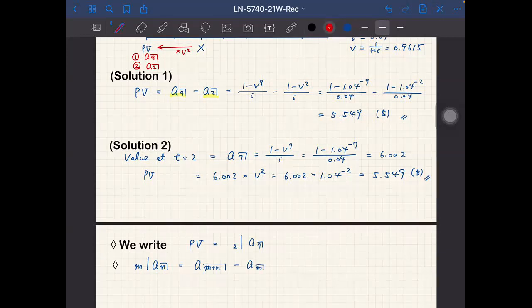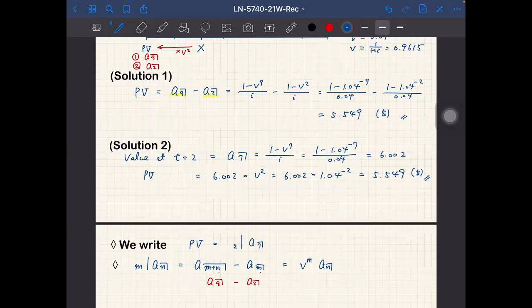Previously we calculated a angle 9 minus a angle 2, right? This is basically a 7-year annuity that is 2-year deferred, so 9 minus 2. And here, a angle m plus n minus a angle m. In the second solution, we use the fact that we can use a angle n, but we have to go back m years, so v to the power m.